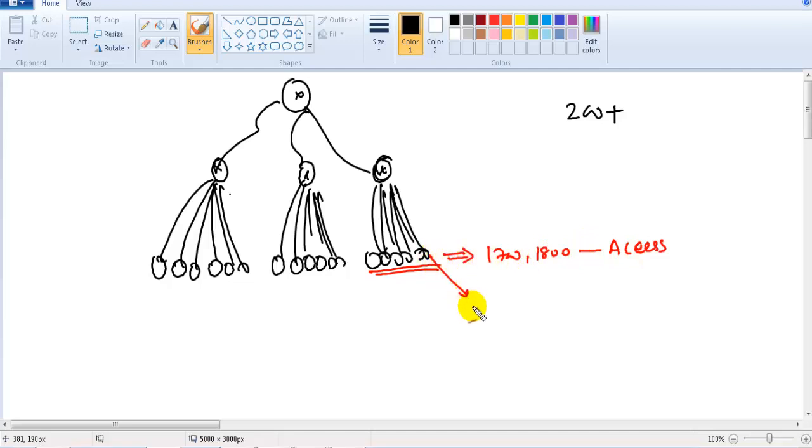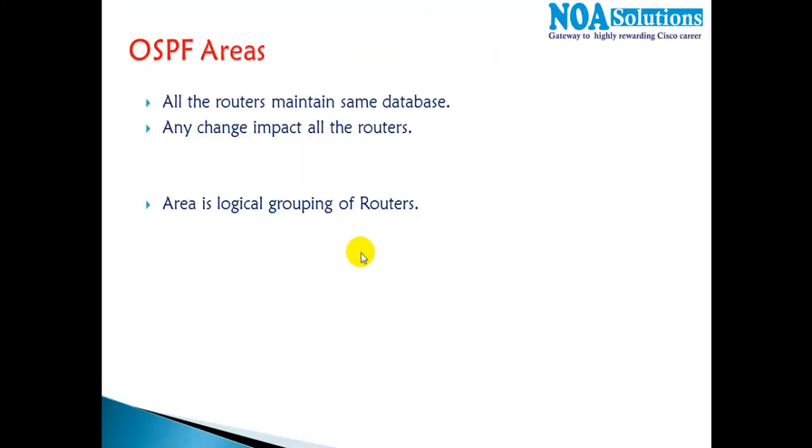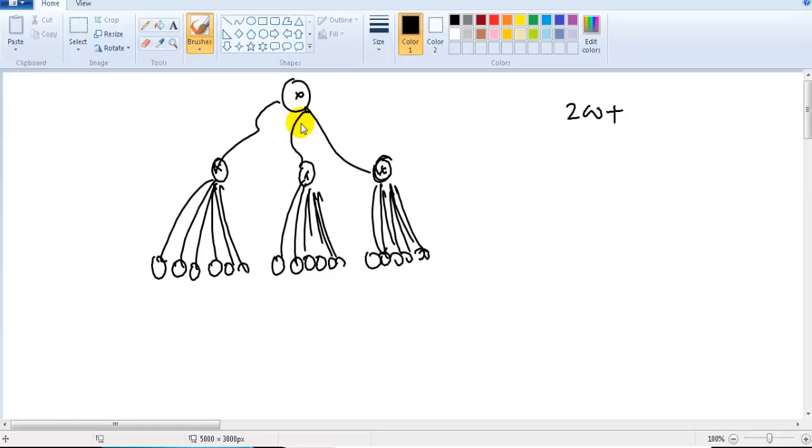These routers run out of memory, because, as we have discussed in our previous cases, all the routers maintain the same database. Whatever database is maintained by these small routers is going to be the same as what the distribution routers and the core routers maintain.